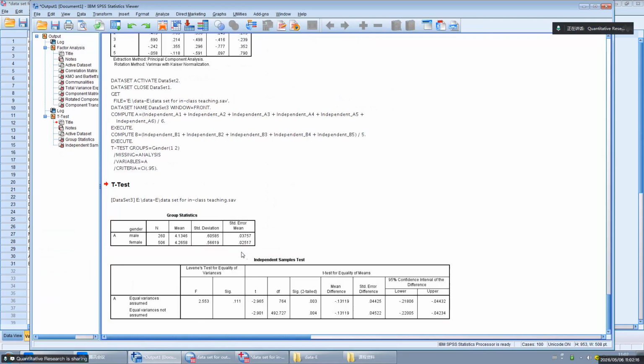You can compute A again. You have to use the brackets and A1, A2, A3, up to A6, divided by 6.